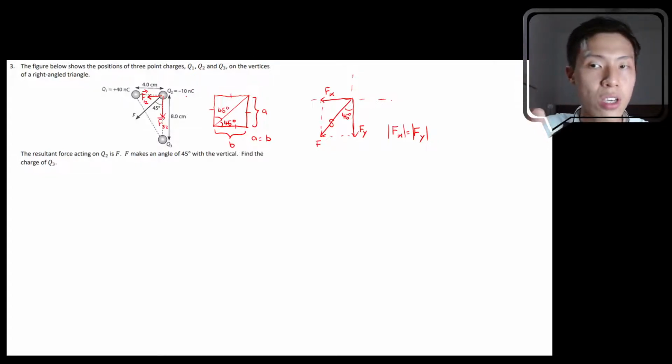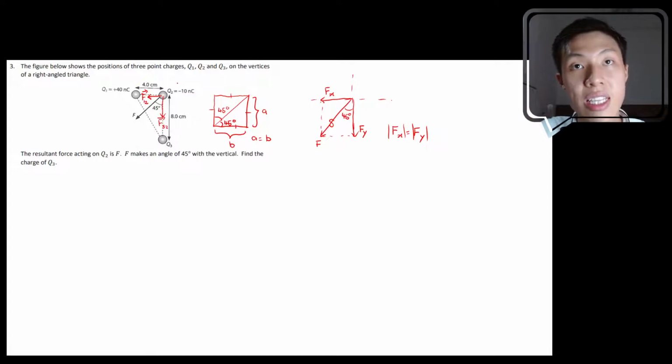If Q3 and Q2 are like charges, then they will repel each other, and the force experienced by Q2 will be pointing in this direction. This will be F32, if they are like charges, because they will push away from each other. But if they are opposite charges, then they will be pointing in this direction.